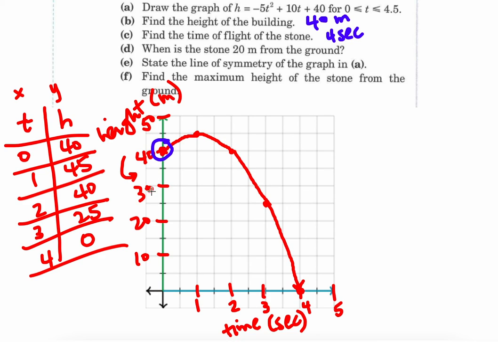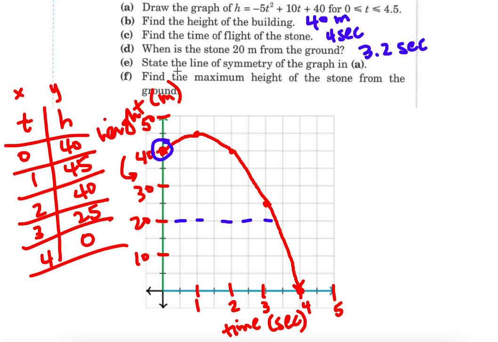Okay, this is meters, so 20 meters from the ground. It would have been about, I don't know, like 3.2 seconds. Yeah, 3.2 seconds. That's kind of an estimate according to the graph.